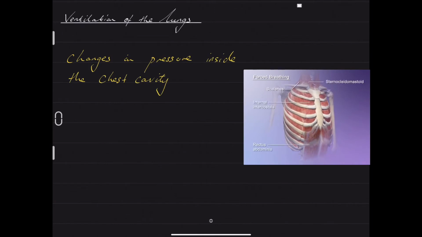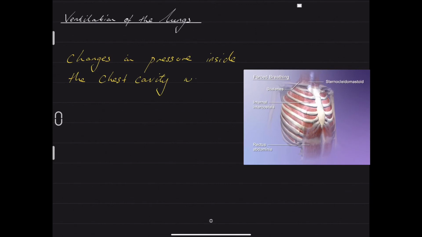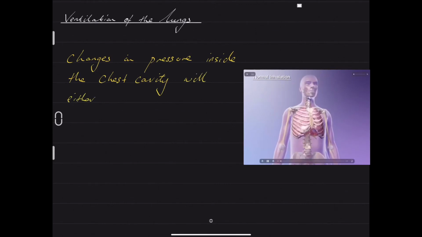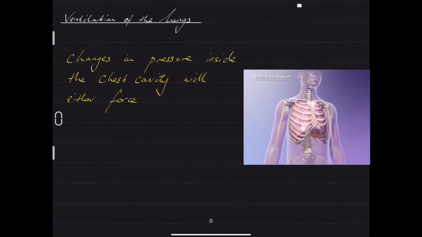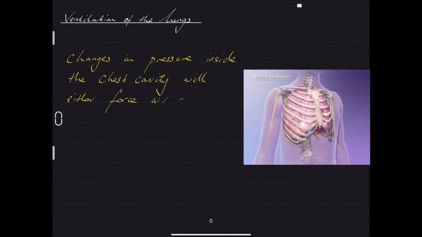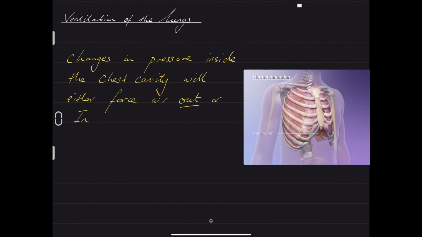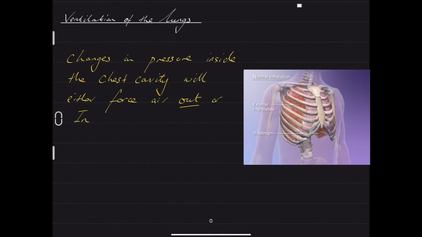So changes in air pressure inside the chest cavity will either force air out or in to the lungs.